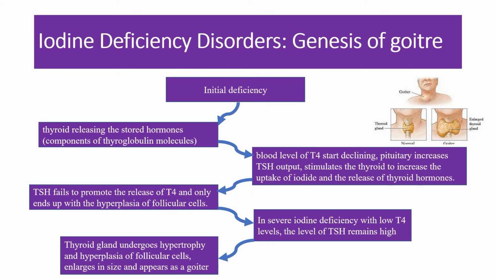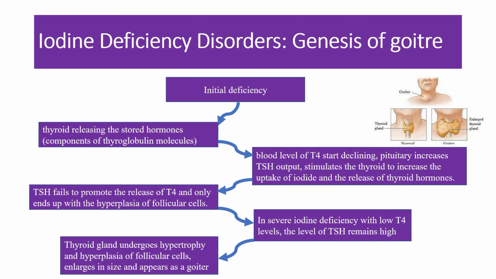When we look into the genesis of goiter, it's because of deficiency of iodine that leads the thyroid to have thyroglobulin molecule to release thyroid hormone, and because of decreasing level of T4, the pituitary through TSH stimulates the thyroid to increase iodine uptake and release thyroid hormones.